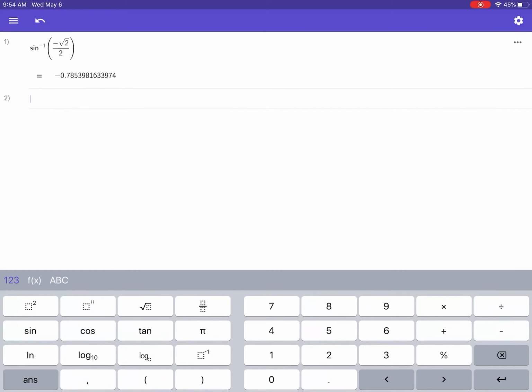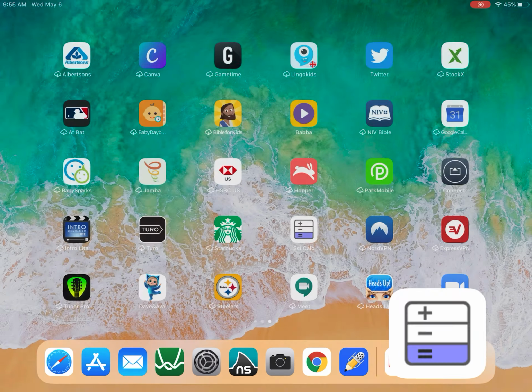If you go second sine of negative 6 over 12, I get negative 30 degrees.